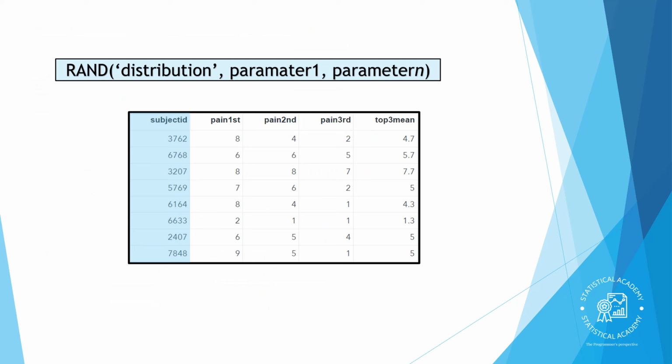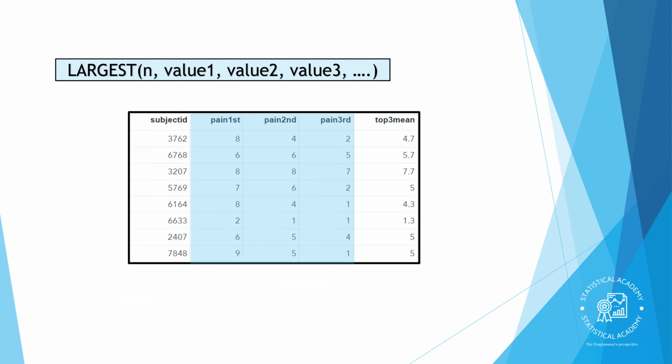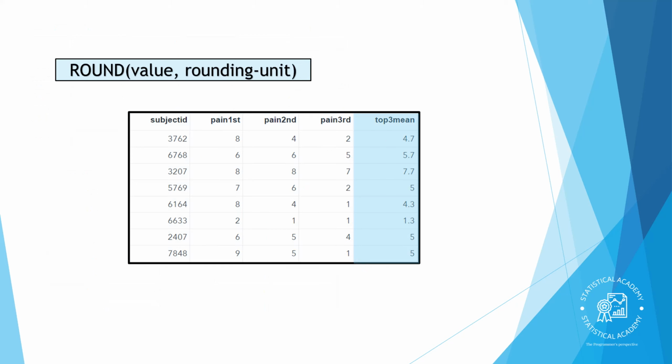First, you can use the rand function to assign a random number to each subject as subject ID. You can use the largest function to identify the top 3 of the 5 pain scores. And you can use the mean and round functions to calculate the average pain score with 1 decimal place. Let's see this in a demo.